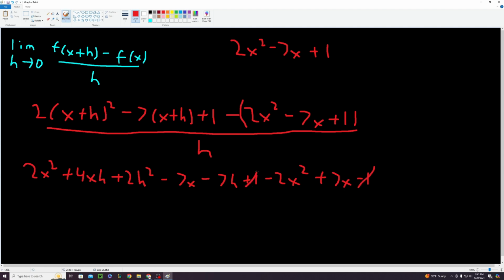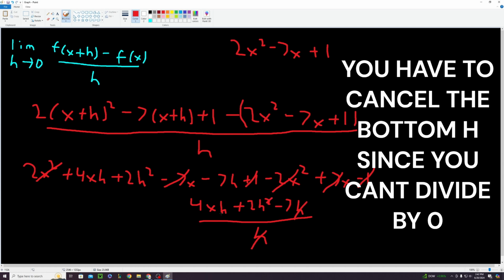The 1's cancel, the 7x's cancel, and the 2x squareds cancel, and we're left with 4xh plus 2h squared minus 7h all over h. And since they all have an h in them, we can cancel it out. So this h will cancel with one of these each.